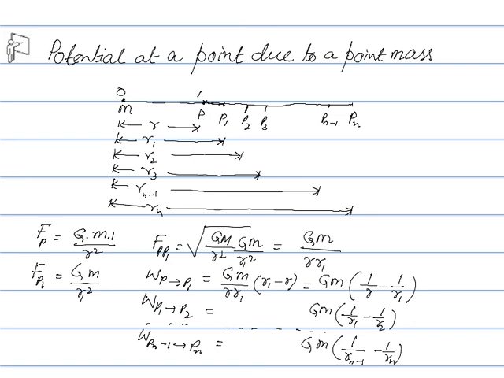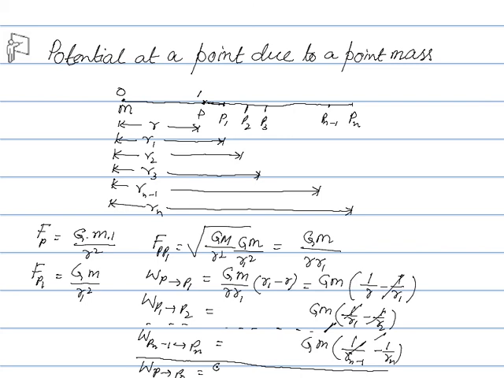Now work is a scalar quantity, so if we add all these individual works, we can get the total work done to displace the unit mass from P to Pn. So the work done to displace it from P to Pn can be obtained by summing up all this. So 1 by r1 cancels out, 1 by r2 will cancel out the next term, similarly Rn minus 1 will cancel out.